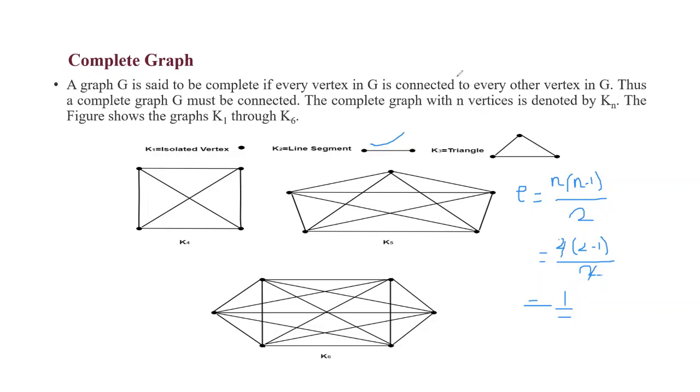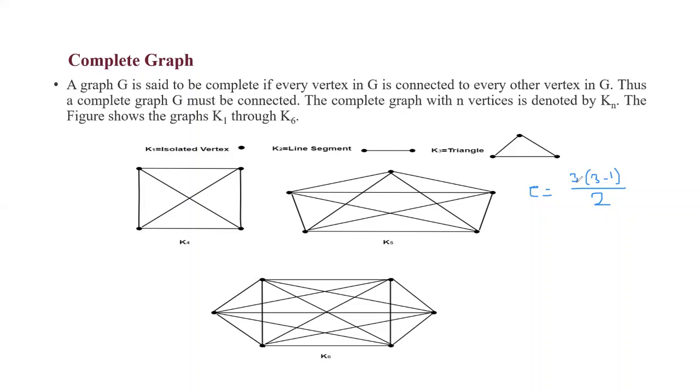See here, there is only 1 edge. For the second example, with vertices 1, 2, 3, the number of edges is 3 into 3 minus 1 divided by 2.